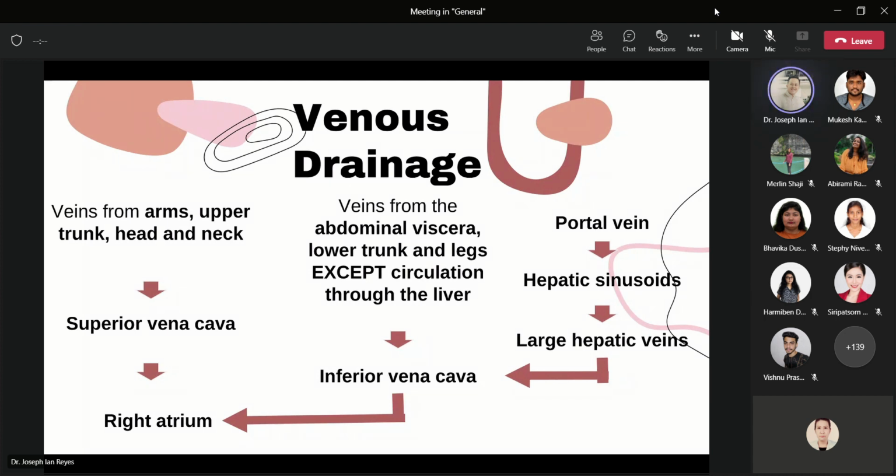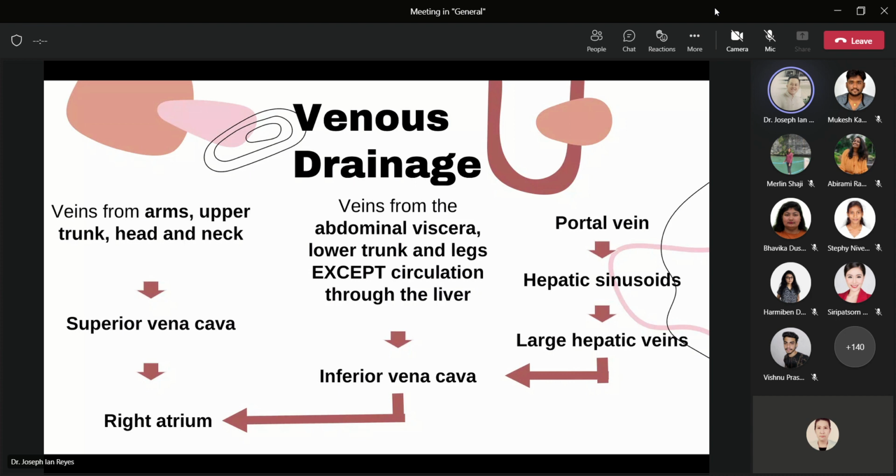Veins from the abdominal viscera, lower trunk, and legs drain into your inferior vena cava, except, so there is an exception. For circulations through the liver, there would be another vein that would accept that.